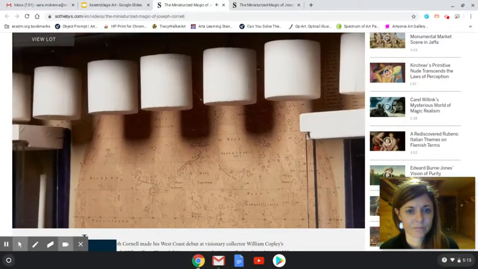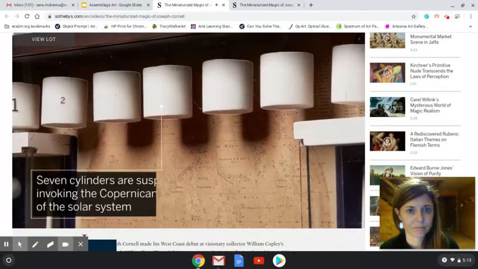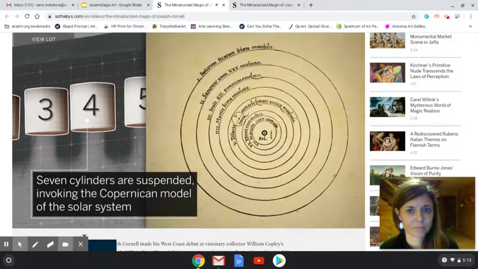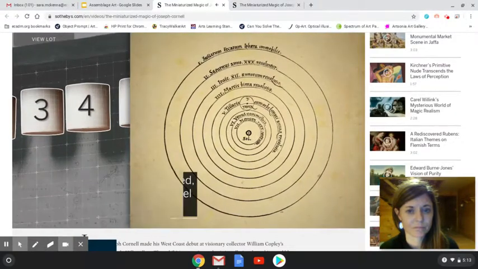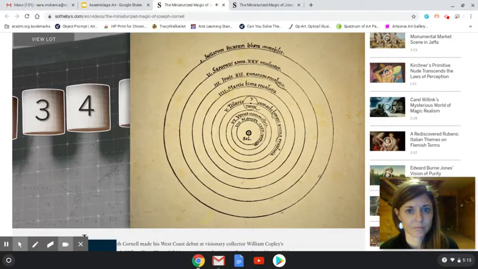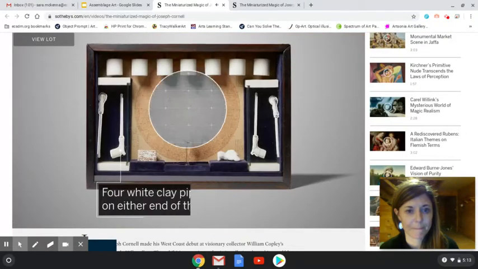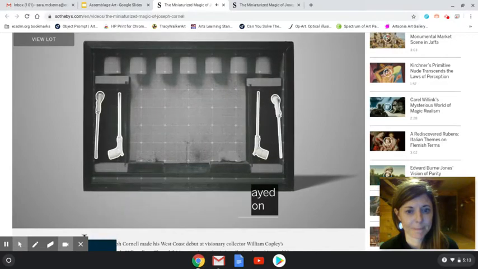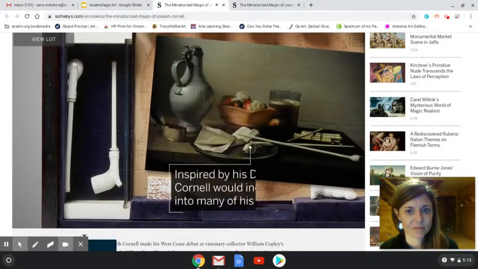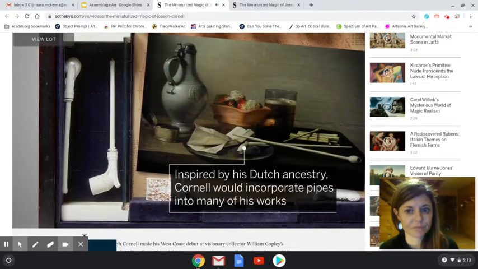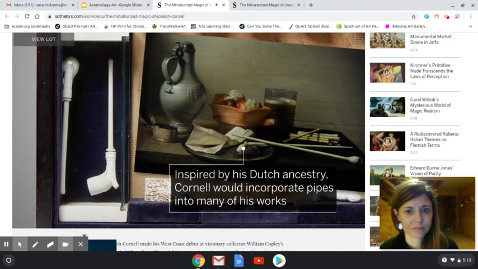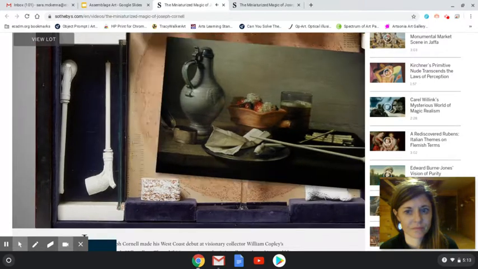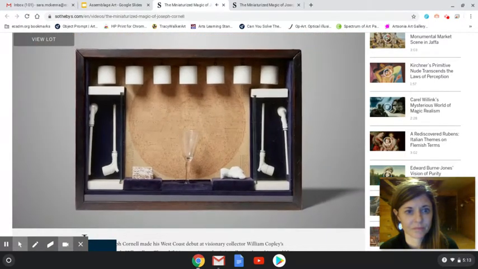In the upper level of the box, a row of 7 cylinders is suspended, possibly invoking the Copernican model of the solar system in which 6 planets orbit the Sun. 4 white clay pipes are displayed on either ends of the composition in glass vitrines. Inspired by his own Dutch ancestry, Cornell purchased a box full of Dutch clay pipes from the Netherlands Pavilion at the World's Fair and incorporated them into many of his works.